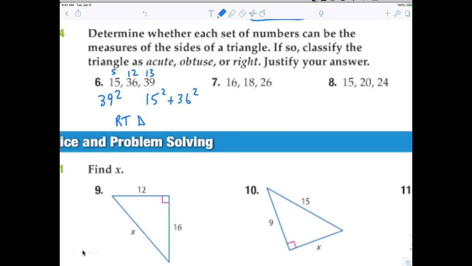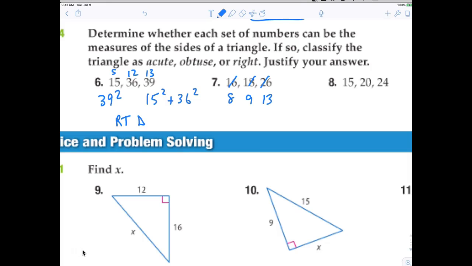So now, let's look up here real quick, because I kind of like that. Do you agree I could divide this by what? 2, right? So this would be 8, 9, and 13.